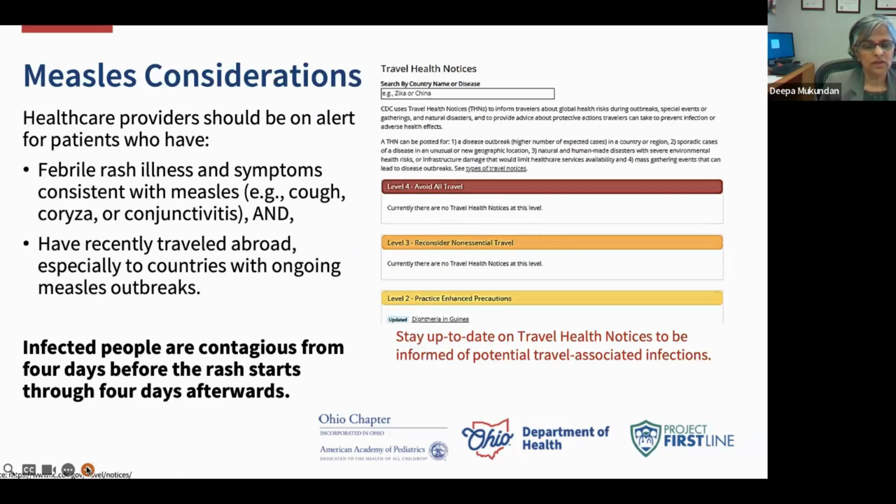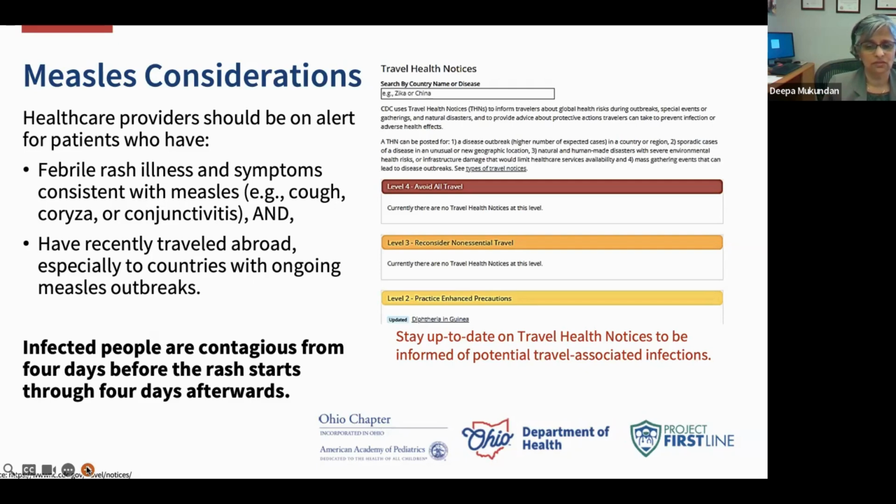So as a healthcare provider, a few things you should be on alert for since we are now in an outbreak time. Look for patients with febrile rash illness and symptoms consistent with measles, the 3 Cs: cough, coryza, or conjunctivitis, and an exposure or having recently traveled abroad to countries with ongoing measles outbreak.